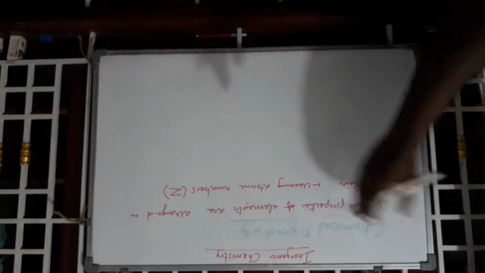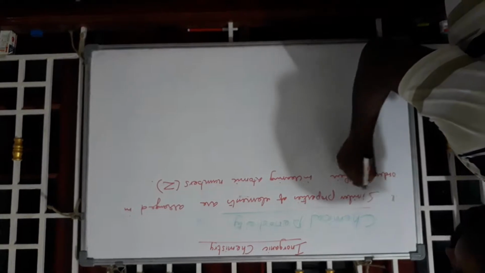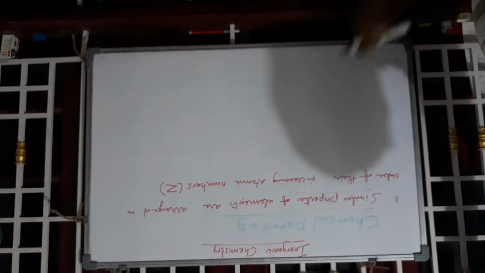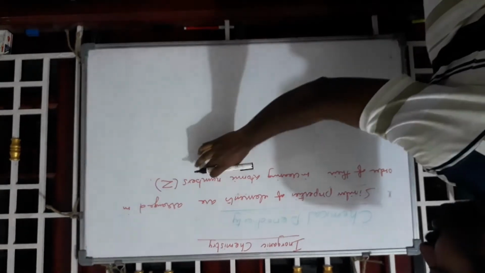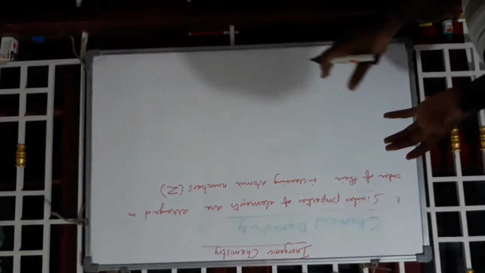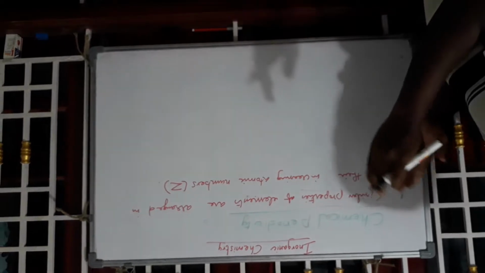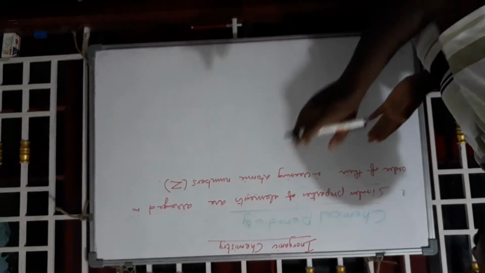This is most important: the elements are arranged in a particular order, that is atomic number. So that is periodically arranged, a specific order that is called periodicity.